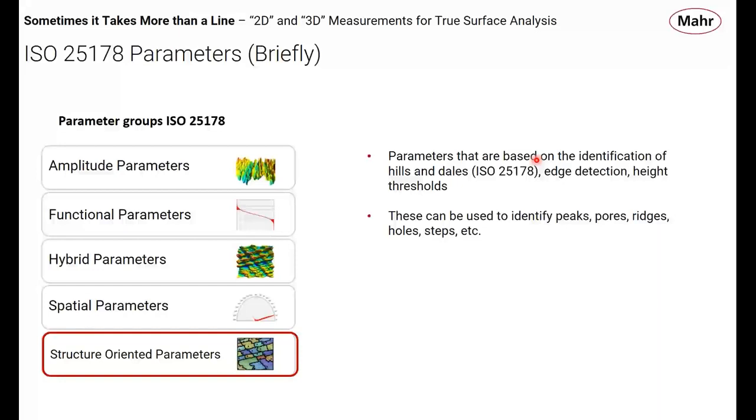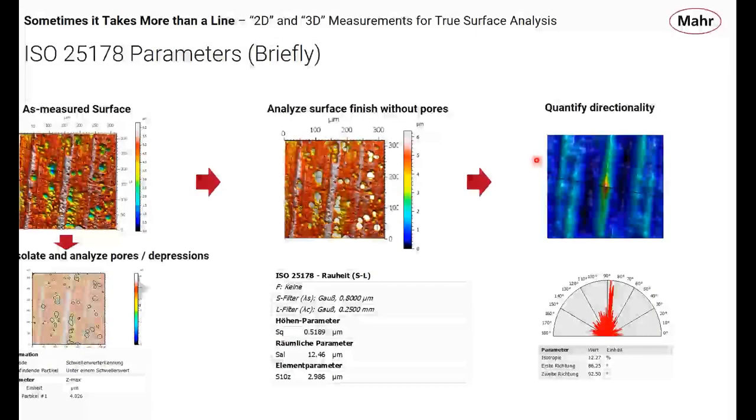We use this for peaks, holes, valleys, troughs, steps, etc. Some type of geometric feature that we have a lot of, and we'd like to identify somewhat automatically. This was the example. I'm not going to spend too much time here, but this is what we use to identify these depressions, these pores, and separate them out so that we can classify and quantify the pores, and then also the surface without the pores. That's when we would use this type of parameter set.